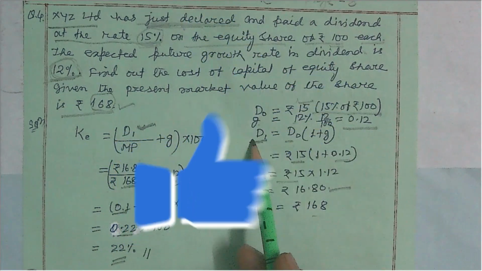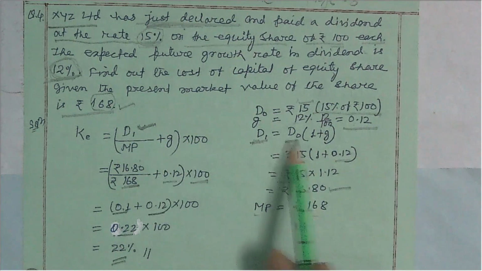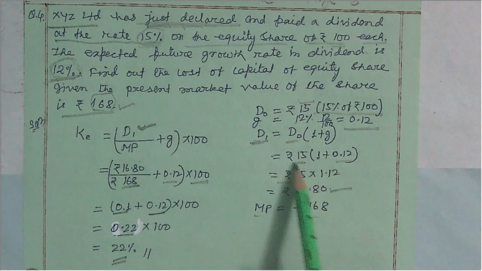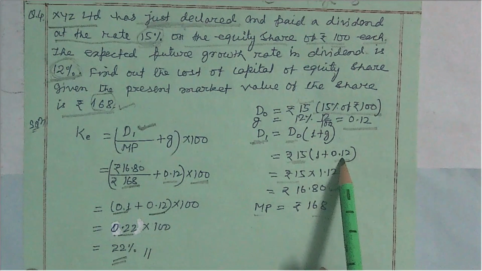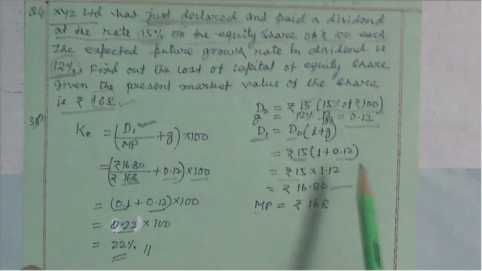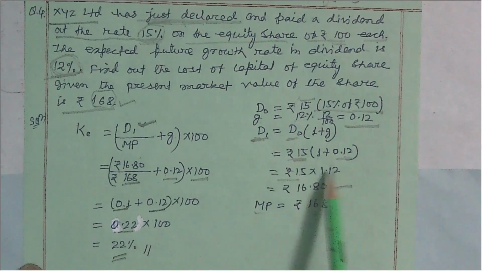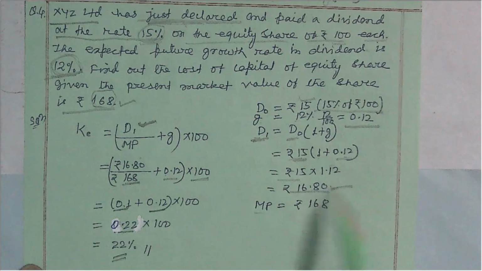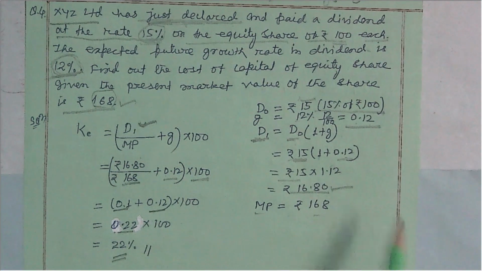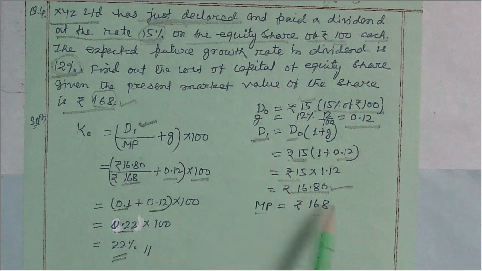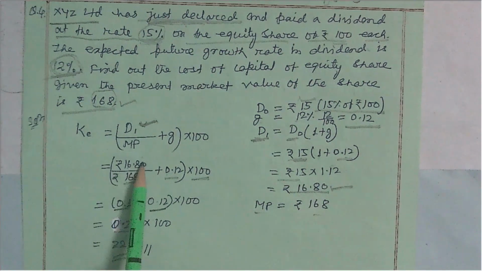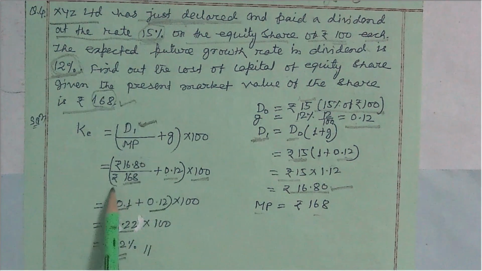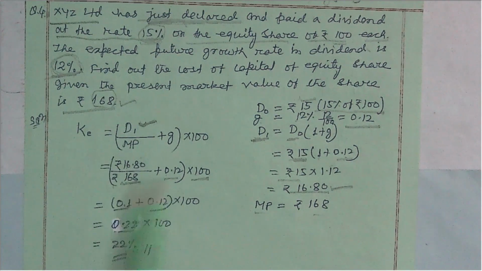Okay, so here D0 is the last year dividend, which is 15 rupees, and 1 plus G, the growth factor, is 12%. When you multiply it, you will get 16 rupees 80 paise. Now this D1 value is 16.80, and the market price is given as 168.